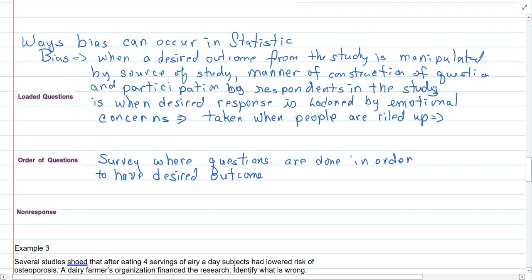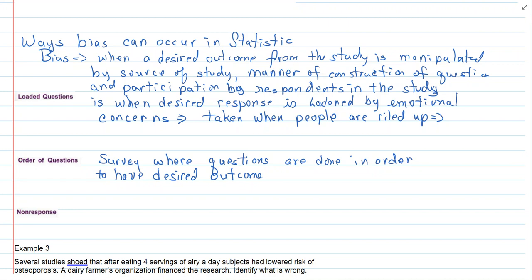This does happen when they survey people who voice their choice in an election. What they'll do is they say, how do you feel about abortion? How do you feel about gun control? How do you feel about taxes? How do you feel?